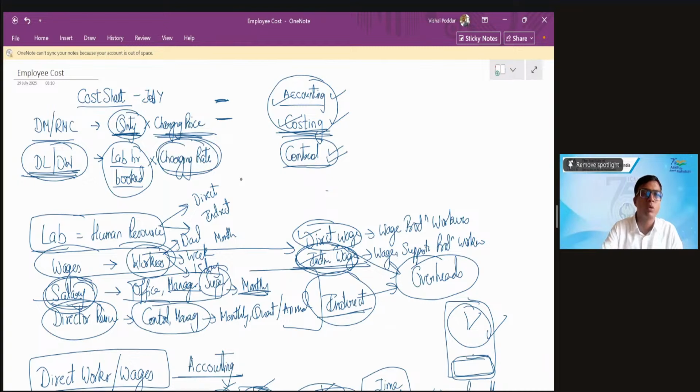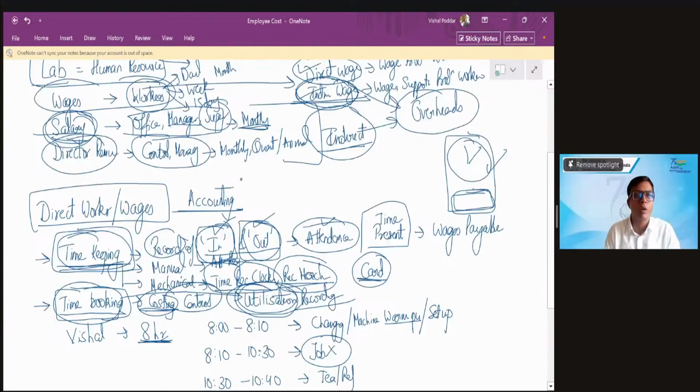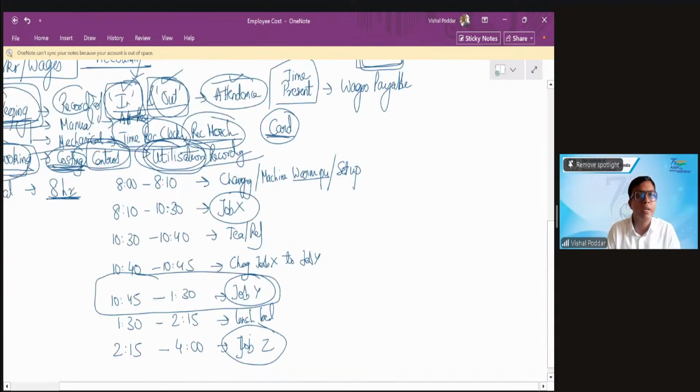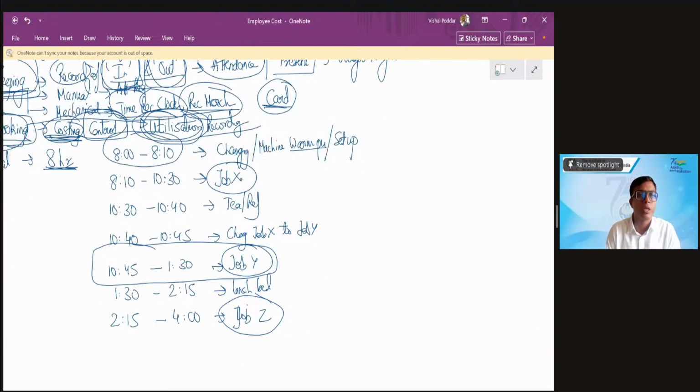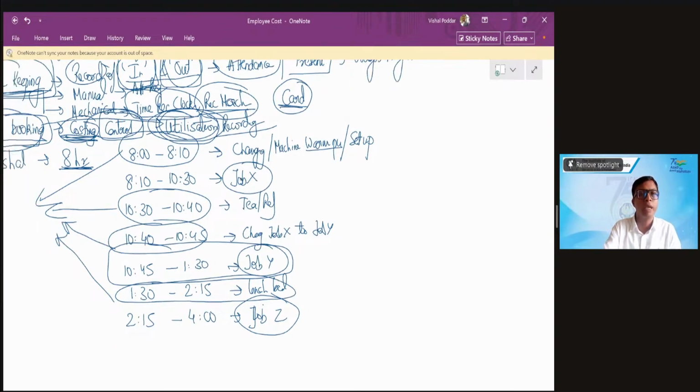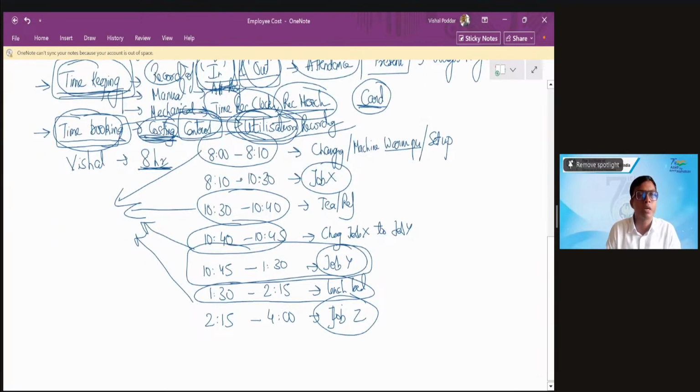So this is how time booking is used for costing or charging the labor cost to different jobs, to different products. How is it used for controlling? It will be used for controlling mainly by looking at these time intervals. Now, these times when you are present in the factory, but you are not engaged in any productive work, all these time gaps are called idle time.